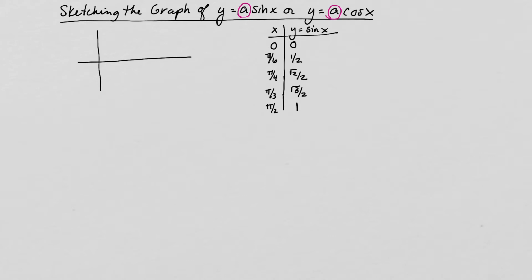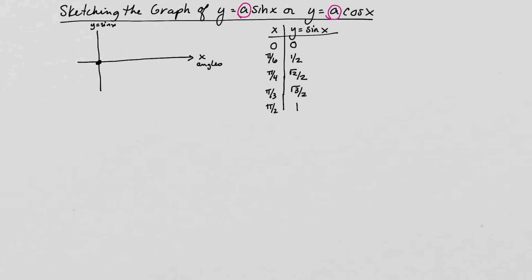Rather than plot the points like we have been doing on the unit circle, we're now going to think of the x-axis as representing our angles, and the y-axis as representing the sine of x. So at 0, 0, we'd have a point here at 0.